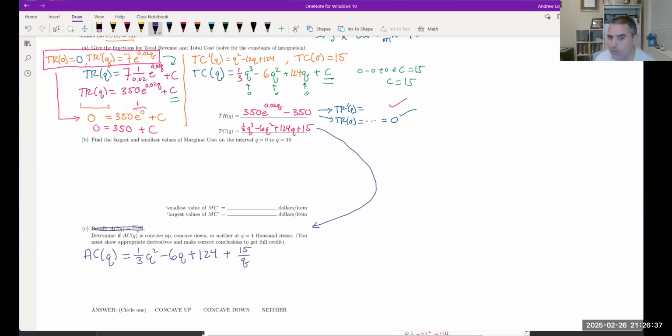Now that's what you get if you divide total cost by q. But let's assume for a moment, I'm trying to state this in a way that's more like something I would ask on your exam this Friday. If I gave you that function and then I said, when is it concave? Is it concave up or concave down or neither when q is 1?